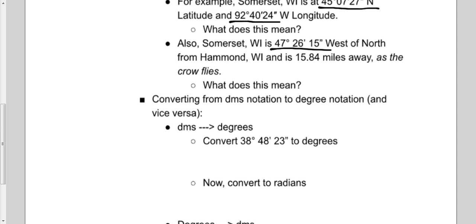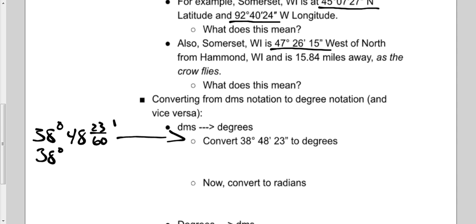So this is 38 degrees, 48 and 23 sixtieths of a minute. In decimal form, that is 0.383 repeating.